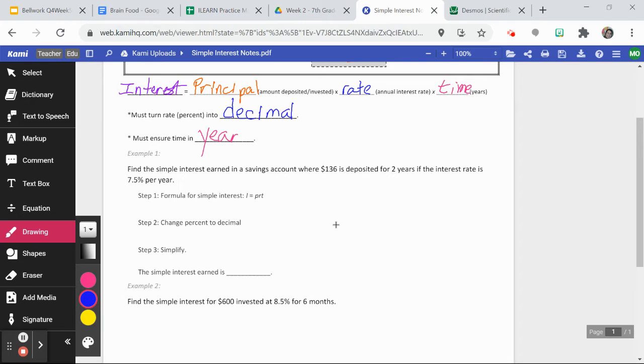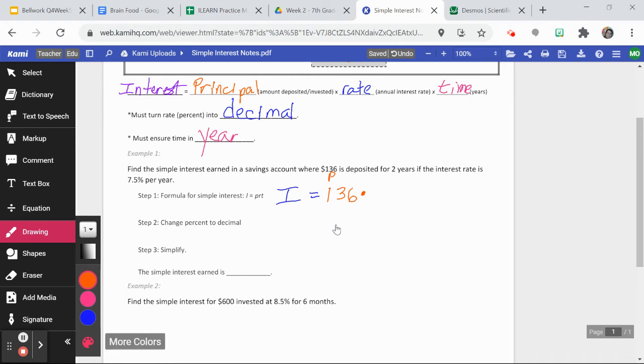First, we're going to use the formula for simple interest. Our interest is what we're finding, so we're finding I. Our principal is 136. And then remember, we're multiplying.